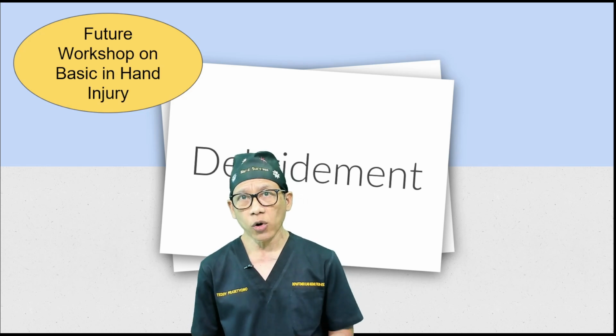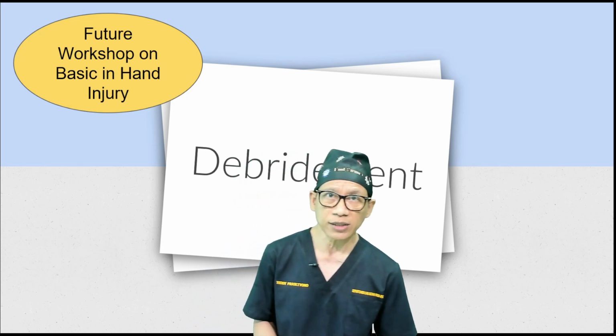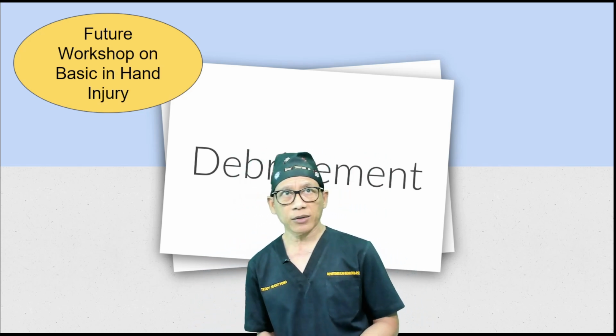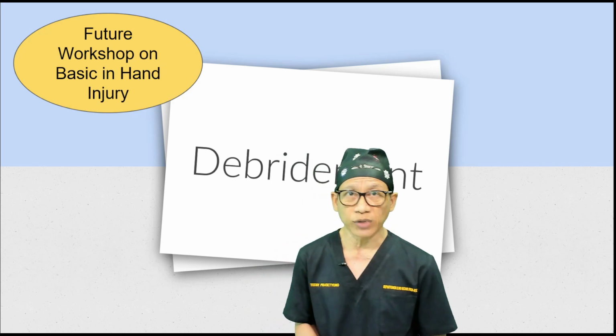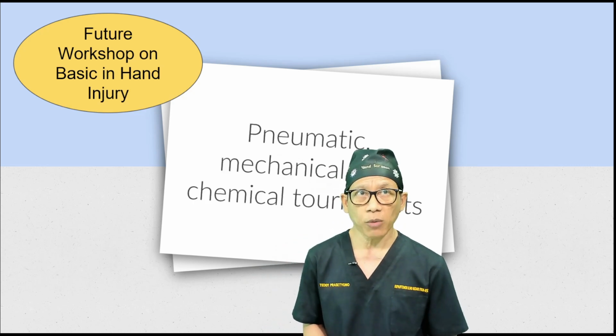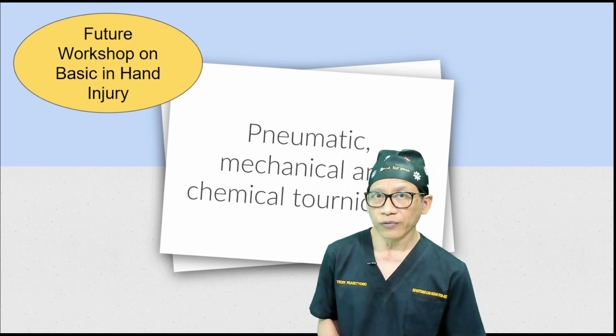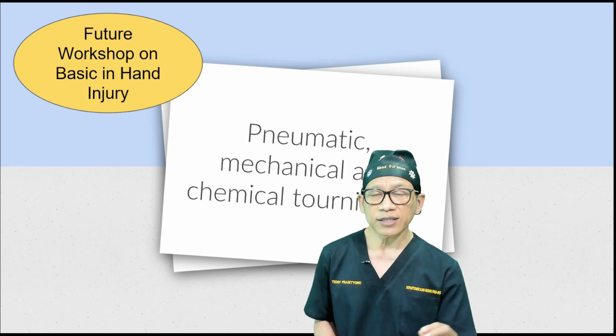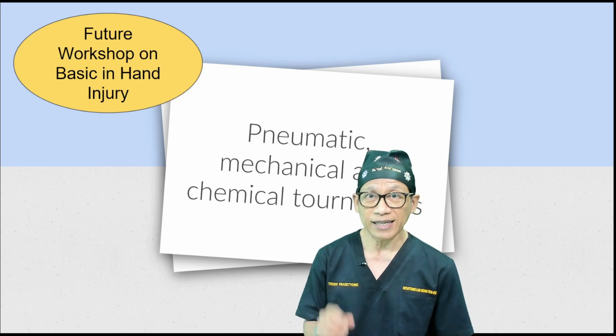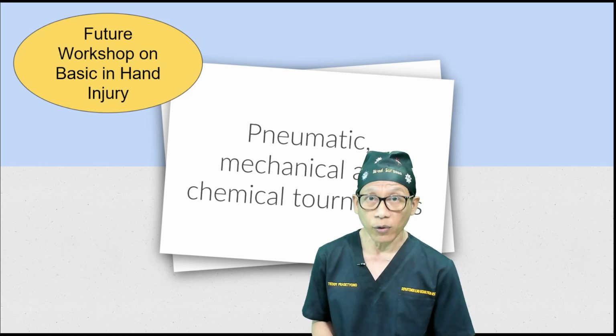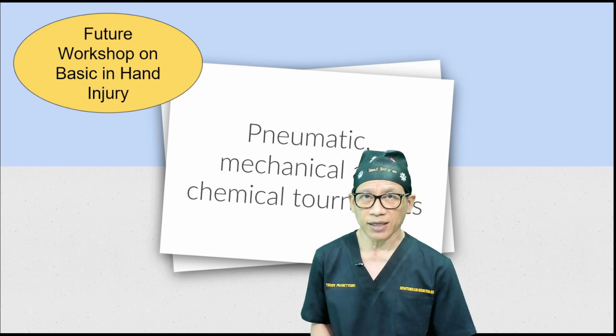Okay, so I do really hope that on the next occasion, you could learn further about debridement. Maybe a workshop on basic hand injury would involve the pneumatic and mechanical tourniquet, and it is good for you to understand the chemical tourniquet. It contains epinephrine or adrenaline, which is no longer seen as dangerous for fingers, including the penis as well.